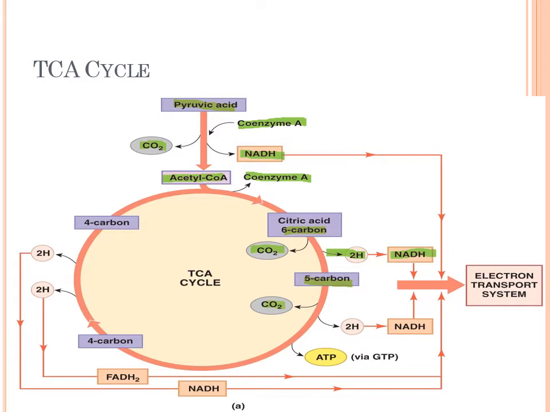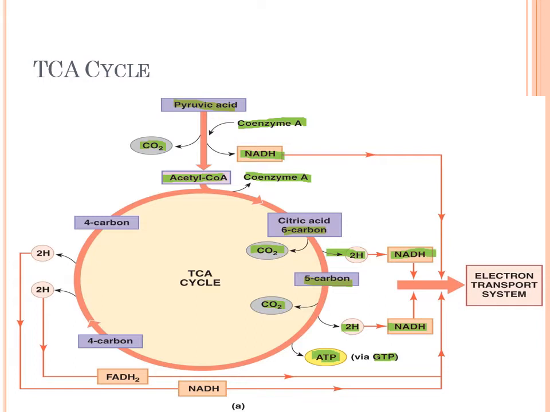That gets decarboxylated, releases 2 hydrogen ions, which then form an additional NADH. Then we release an ATP, and really what we're releasing is a GTP, which is guanosine triphosphate, I believe, and the GTP can easily be converted to ATP. So this is the one ATP that gets produced in the citric acid cycle.